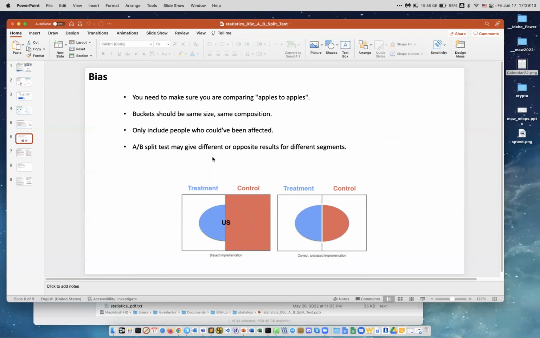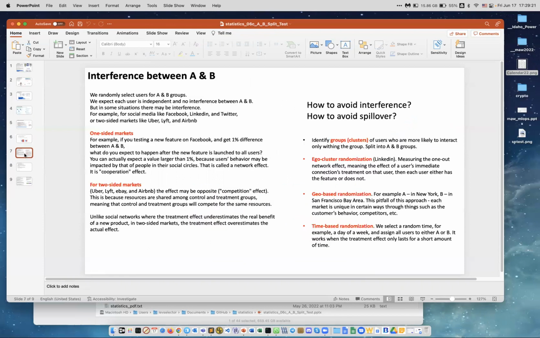An A/B split test may give different, even opposite, results for different segments of your population. Interesting. Okay, interference between A and B. One-sided markets, two-sided markets. How to avoid interference: identify clusters, ego cluster randomization, like in LinkedIn, measuring the one-out network effect, meaning the effect of a user's immediate connections' treatment on that user, where each user either has the feature or doesn't. Geo-based randomization, time-based randomization.